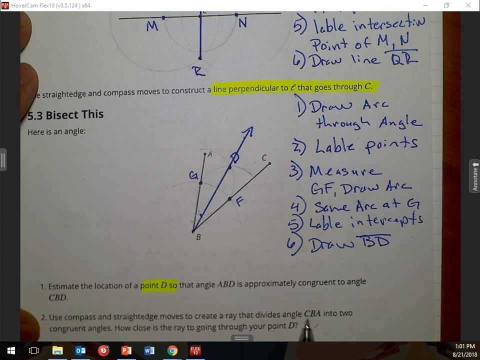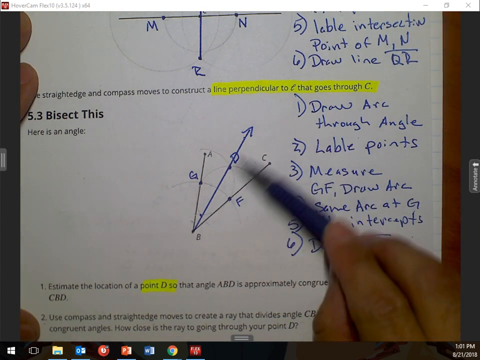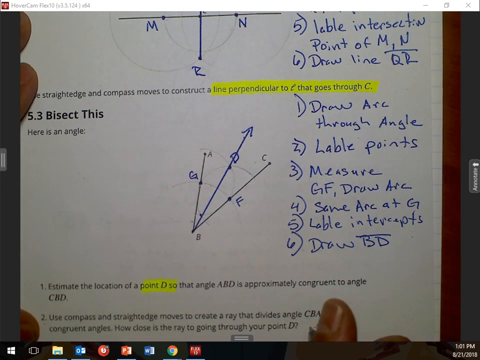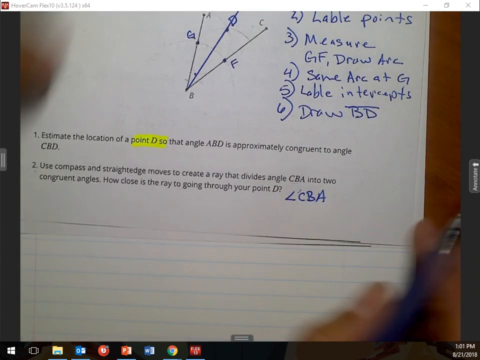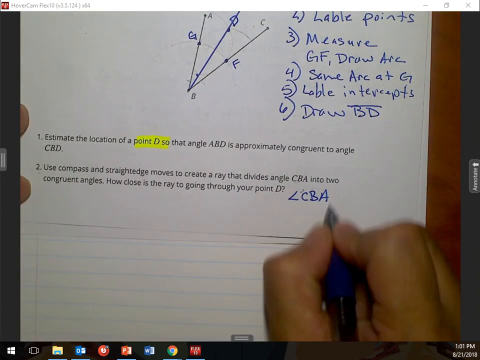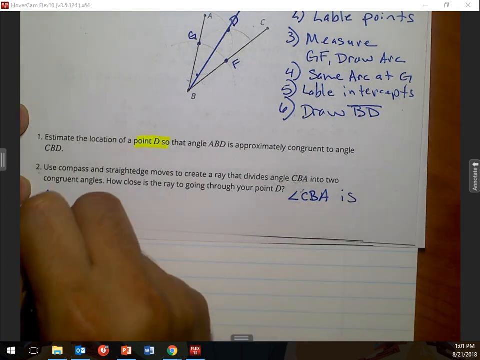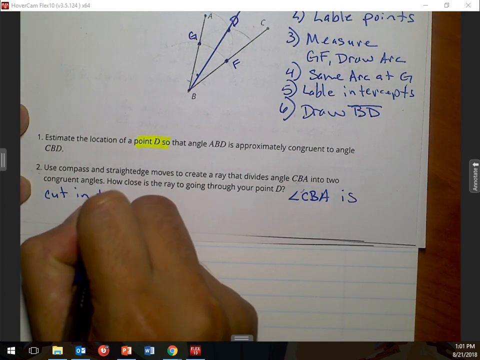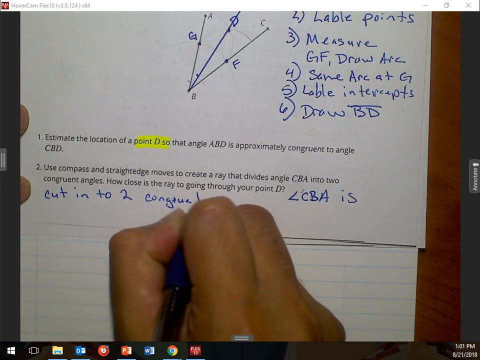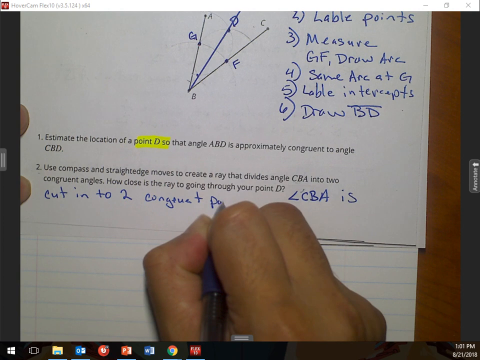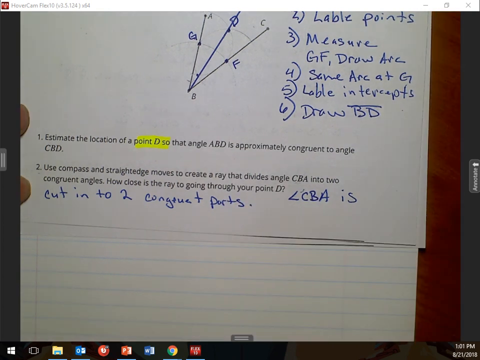Angle CBA is cut into two congruent parts.